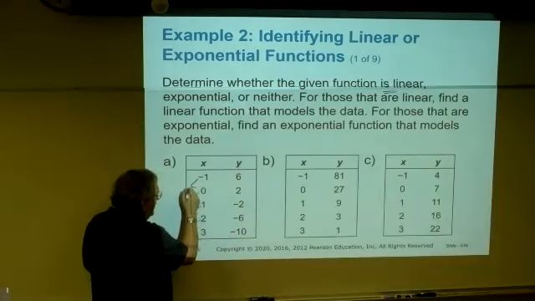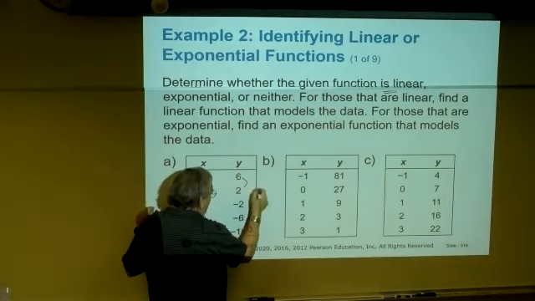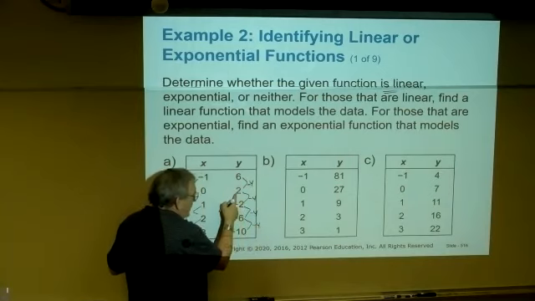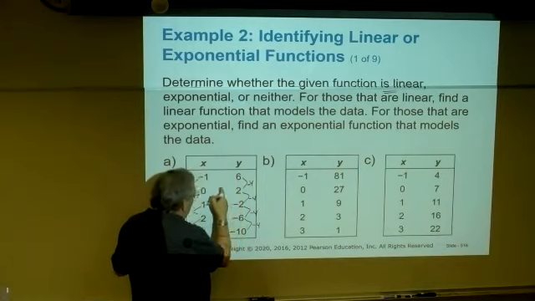So my changes here are 1, 1, 1, and 1. My changes here are, this is a -4, this is a -4, this is a -4, and this is a -4. I subtract 4, I get 2. I subtract 4, I get -2. I subtract 4.